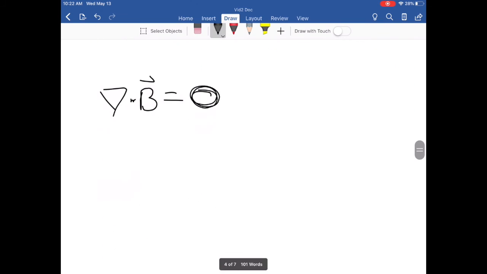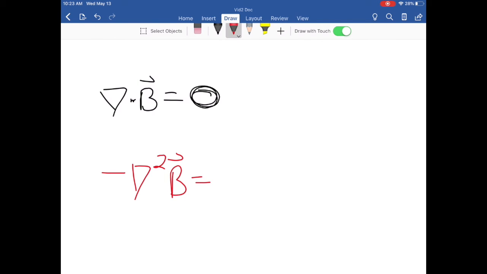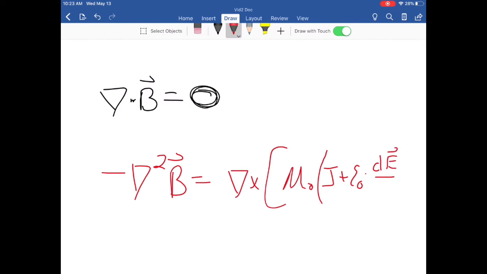So scrolling down and filling in what that would become, that's now going to be minus del squared B is equal to del cross quantity mu naught times J plus epsilon naught times the derivative of the electric field with respect to time.